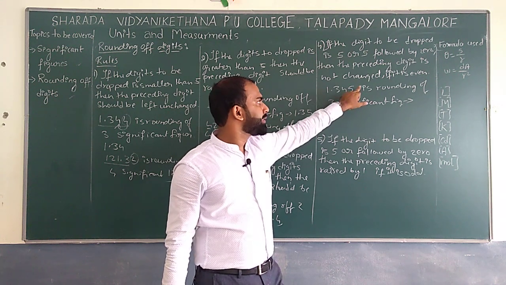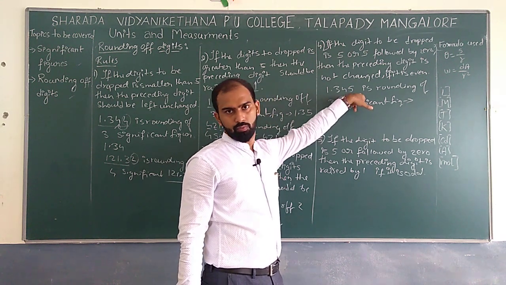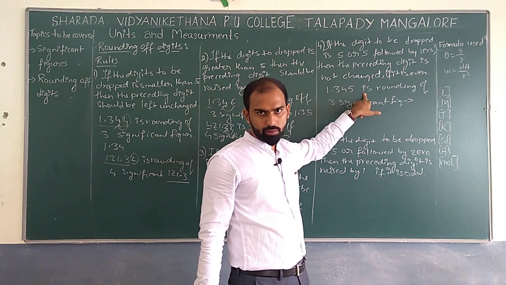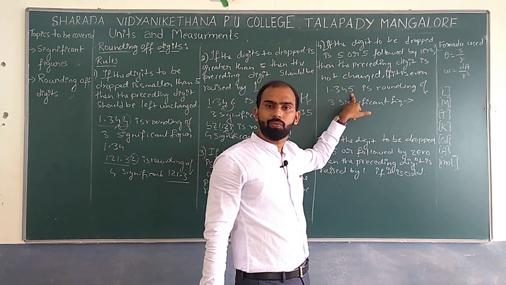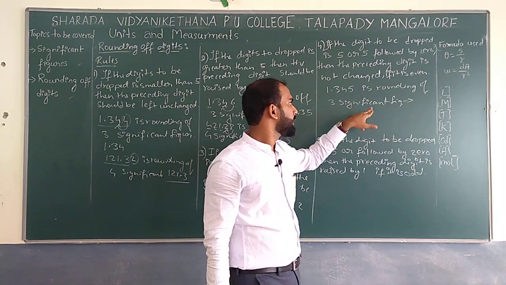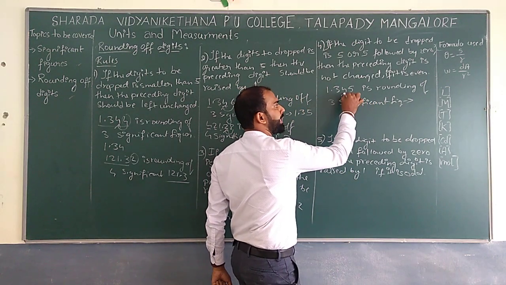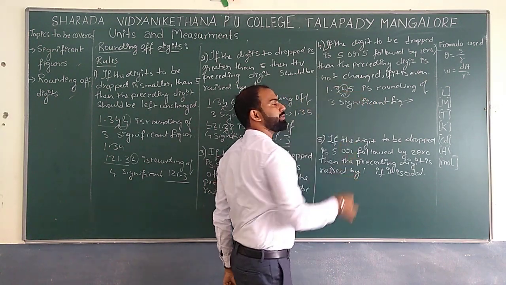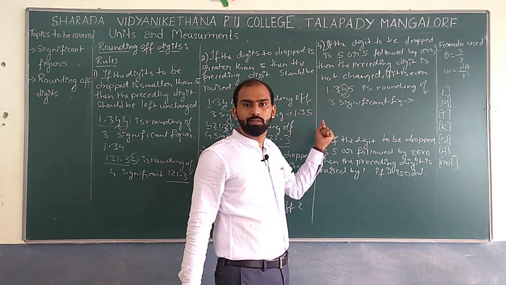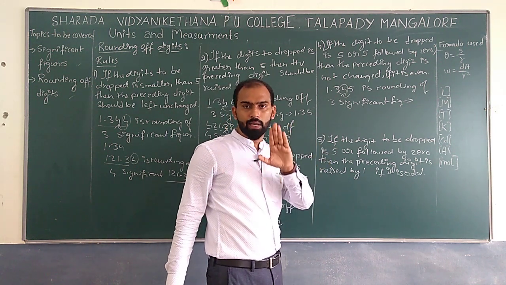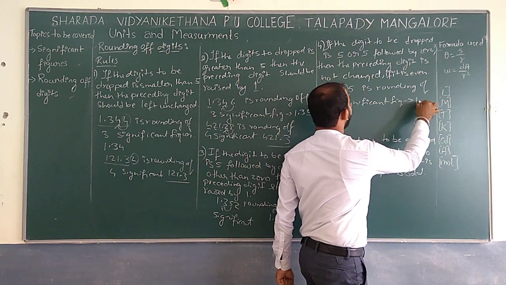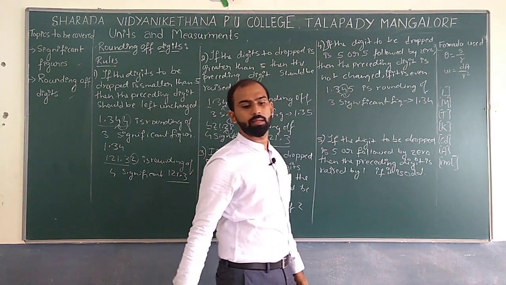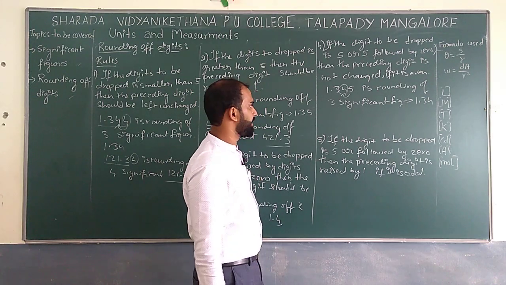So after 5, is there any other number? After 5 there is 0. So if the number to be dropped is 5 followed by 0, then the previous digit should be retained if it is even. If the previous digit is even, you have to retain it as it is. So what should be the answer? I can write 1.34. Are you getting it? This is how exactly it is.